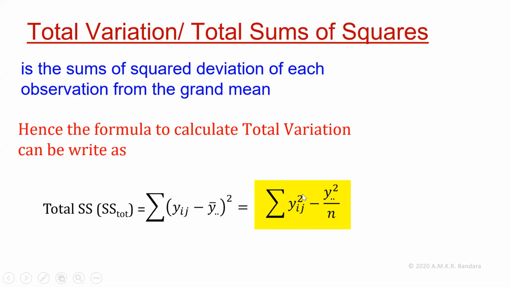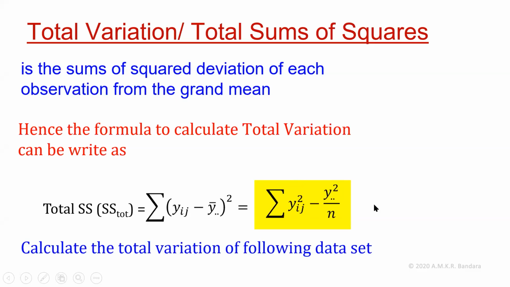Then from that total, you have to deduct the square of the grand total divided by the number of observations in the data set. We will do an example, then you will understand.